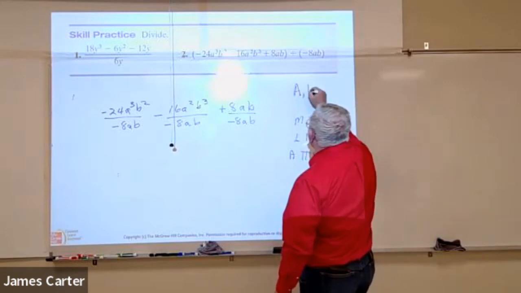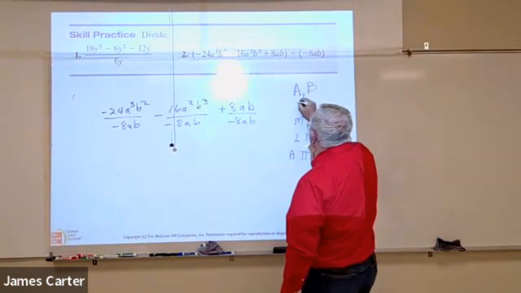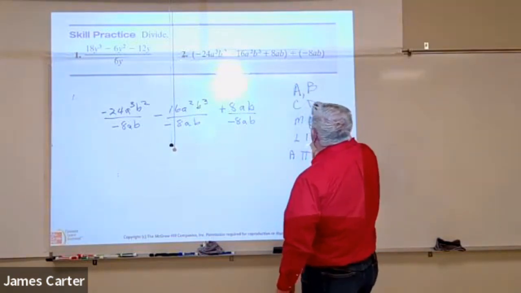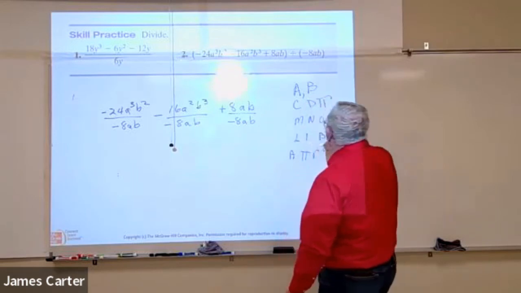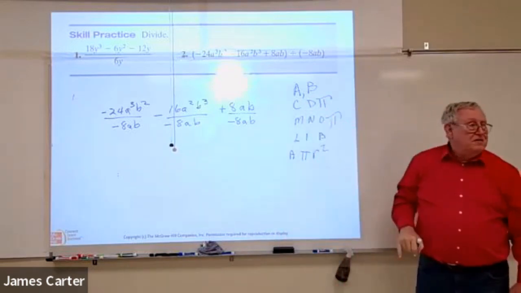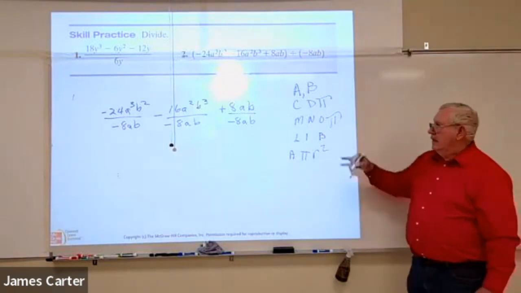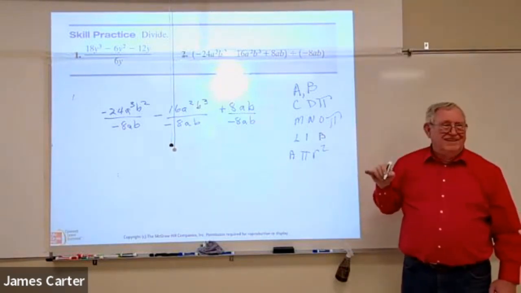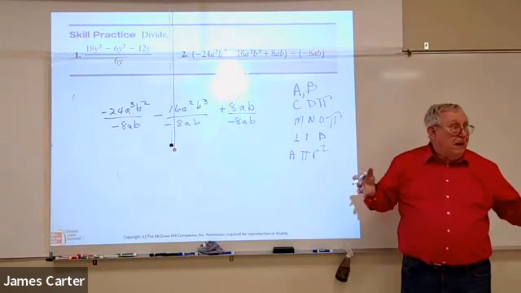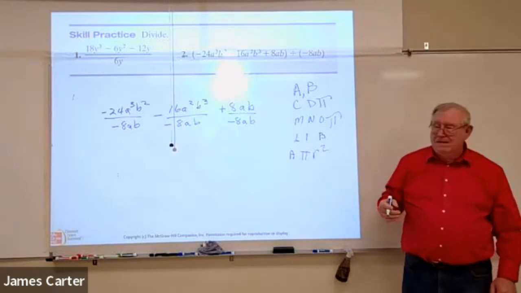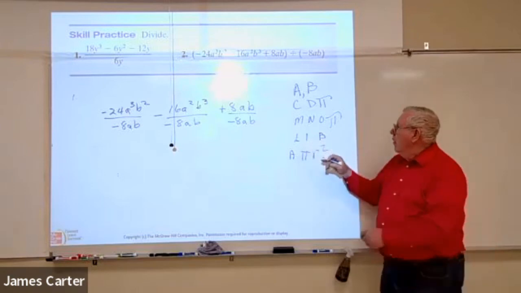A, B, C, D, pi. Formula for the circumference of a circle. There ain't no pi.